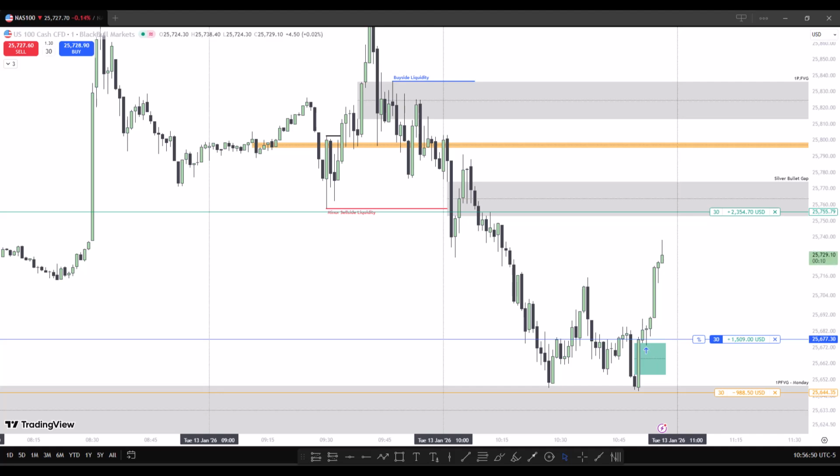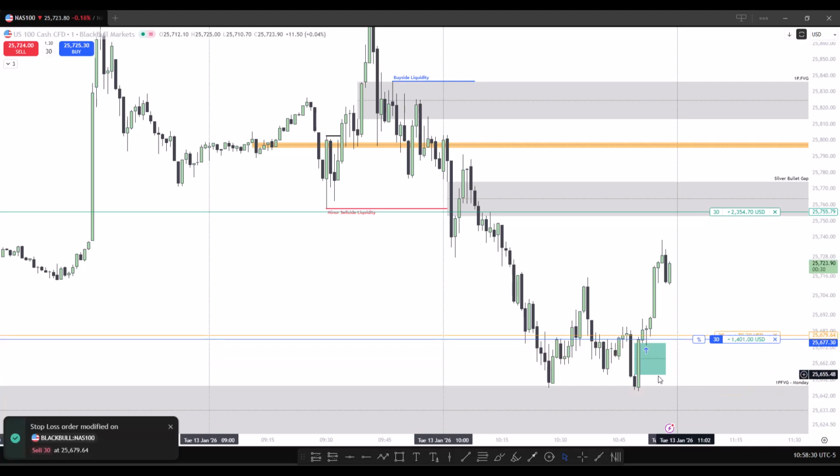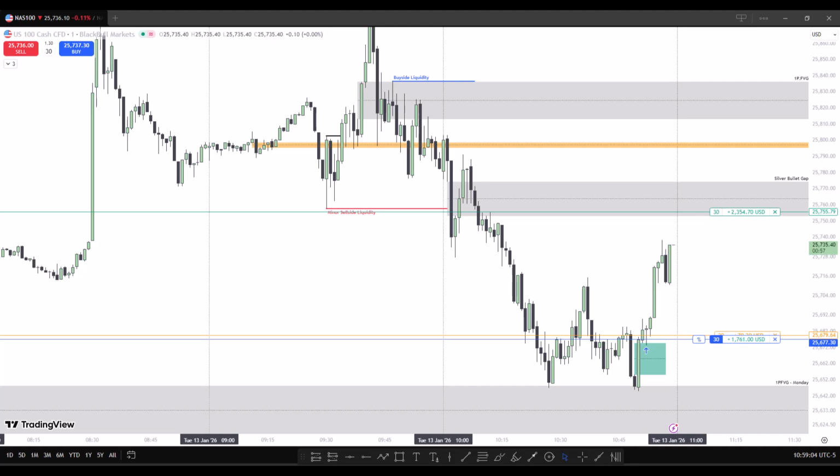And that was the first visit back to the first presented gap of Monday. And what price did there was it engineered sell side liquidity in the form of relative equal lows. Then it swept those and displaced up, leaving this BC that I marked on the chart with the green box.